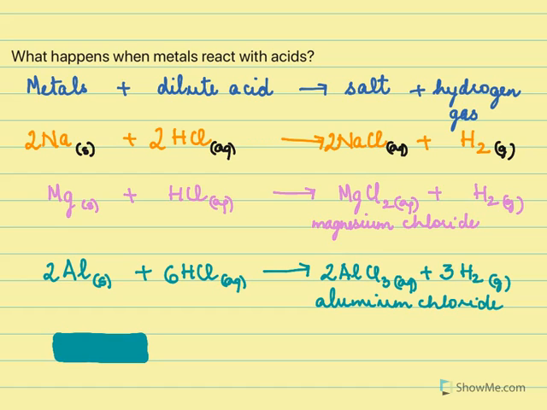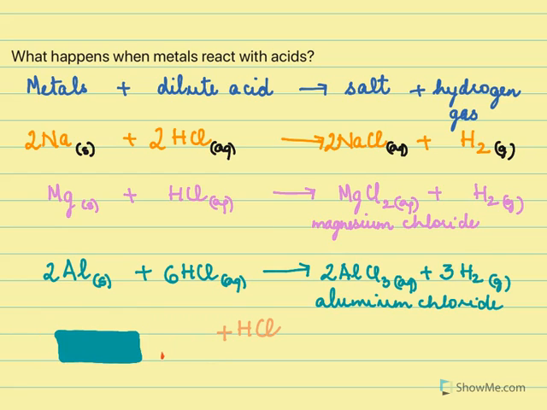This reaction in the beginning is a little slow and then it becomes faster. The reason is the aluminium always has a coating of aluminium oxide. So when you react it with an acid, first the acid reacts with this outer coating and slowly the outer coating is removed, and that's when the reaction is slow.